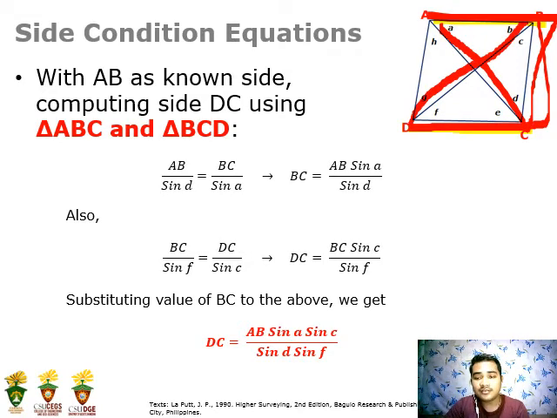So using sine law, AB is equals to sine D or opposite, no?